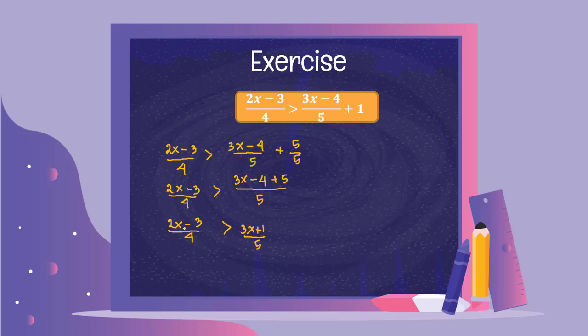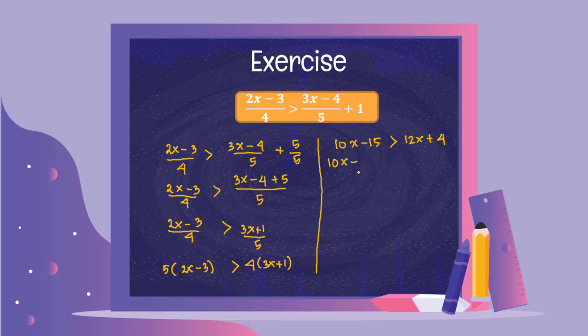Now we can do a cross multiplication. So 5 times (2x minus 3) greater than 4 times (3x plus 1). So the answer will be 10x minus 15 greater than 12x plus 4.